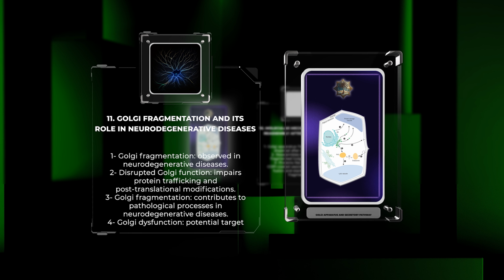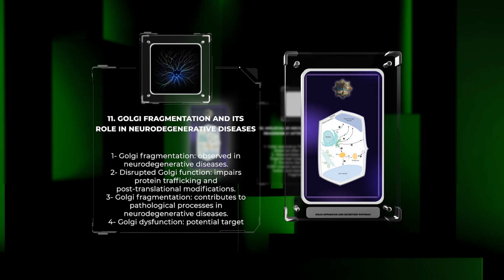Disrupted Golgi function can lead to impaired protein trafficking, altered secretion, and defective post-translational modifications, leading to the misprocessing and accumulation of disease-associated proteins, such as amyloid beta and alpha-synuclein. Understanding the exact mechanisms involved in Golgi fragmentation and its contribution to neurodegenerative diseases is an active area of research, holding promise for developing therapeutic interventions targeting Golgi dysfunction.